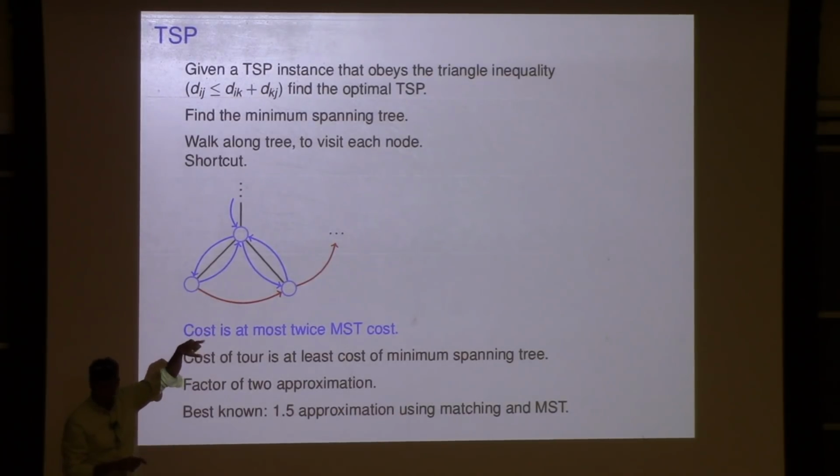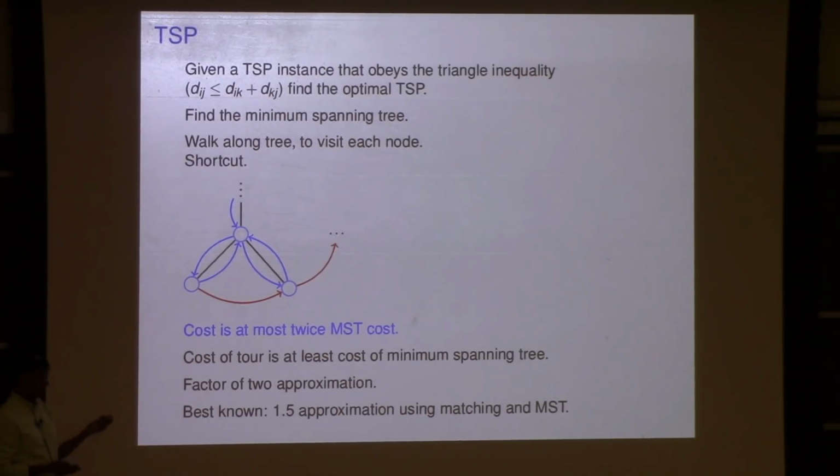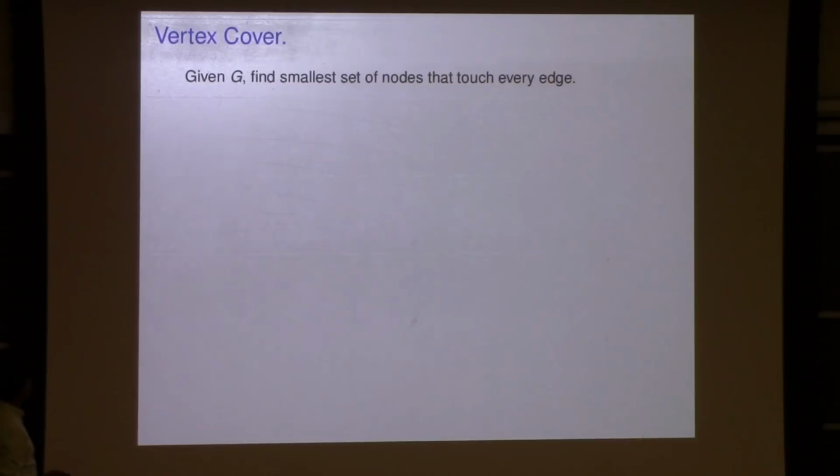Do you remember that from Euler's theorem? So all we do is take the odd degree vertices and compute the min-cost matching. That gives you an even degree graph that gives you a tour. And the matching's cost is at most half the tour. So that's the algorithm.